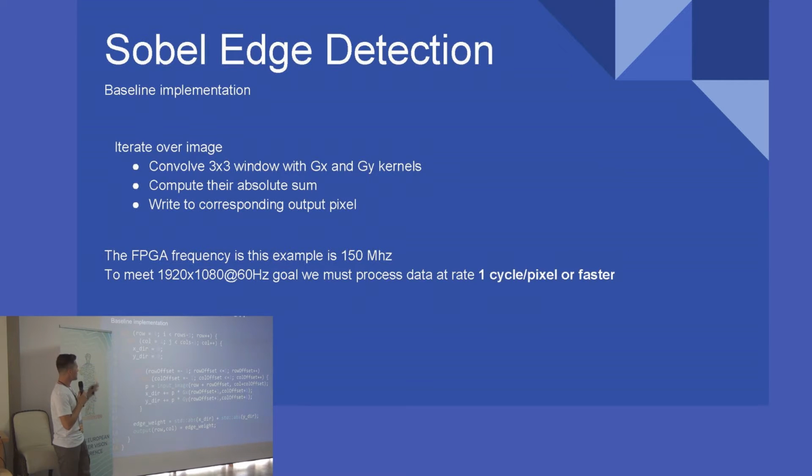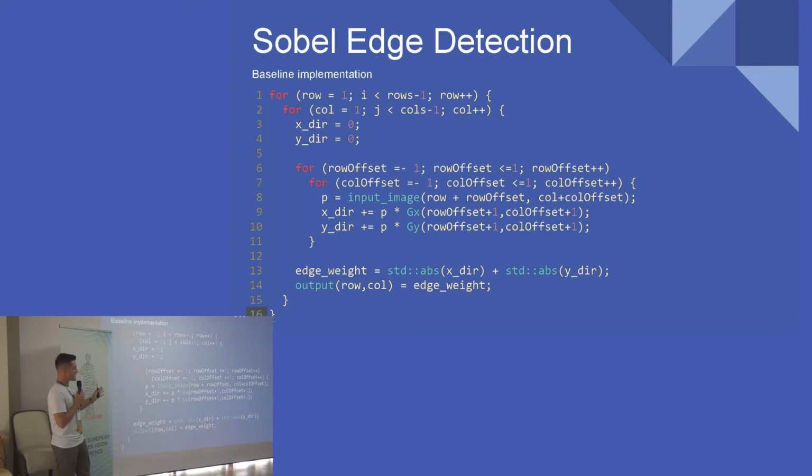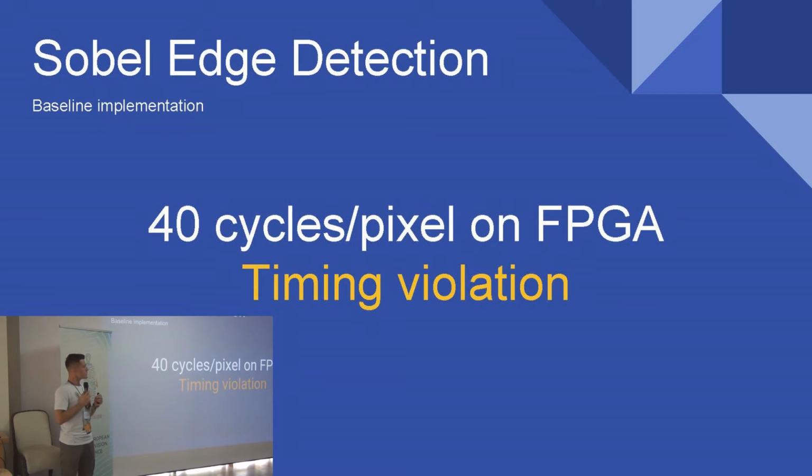This slide contains the implementation of this in C, the straightforward 3x3 convolution. If we take this code and put it into our FPGA synthesis to measure its performance, we get 40 cycles to process a single pixel.